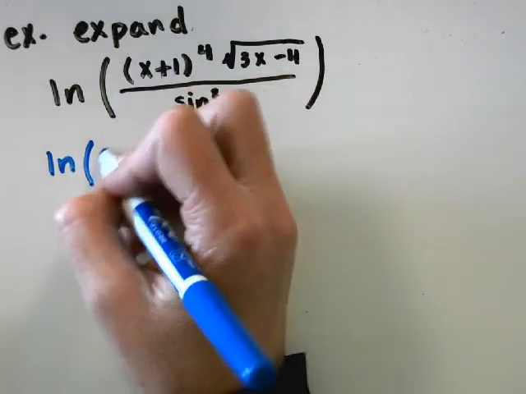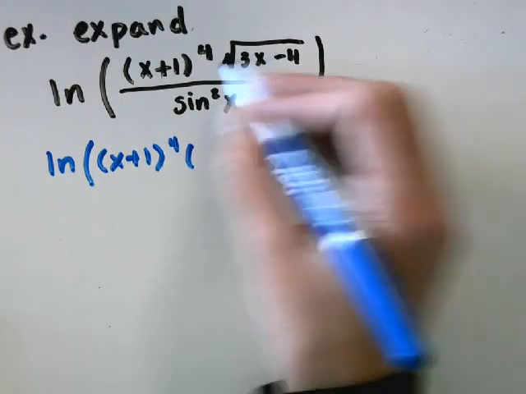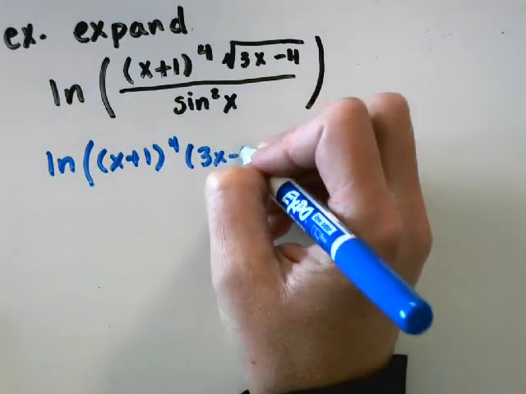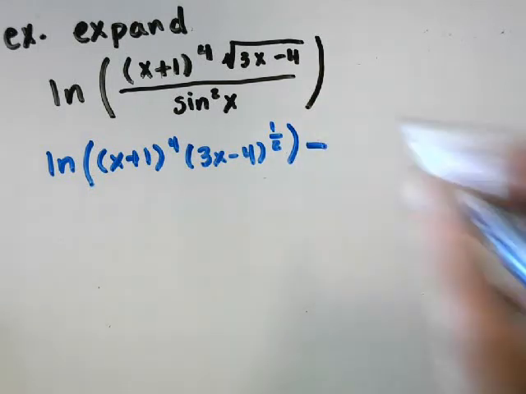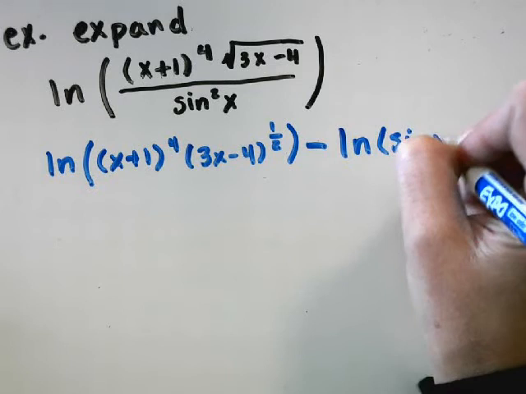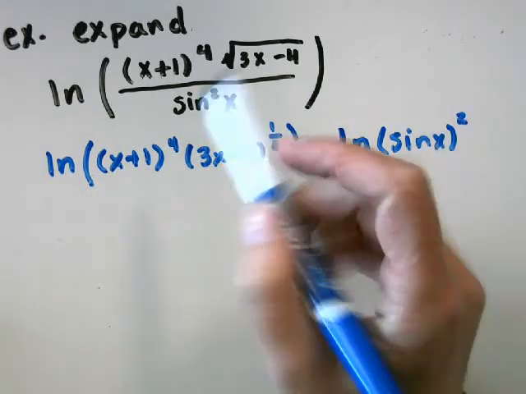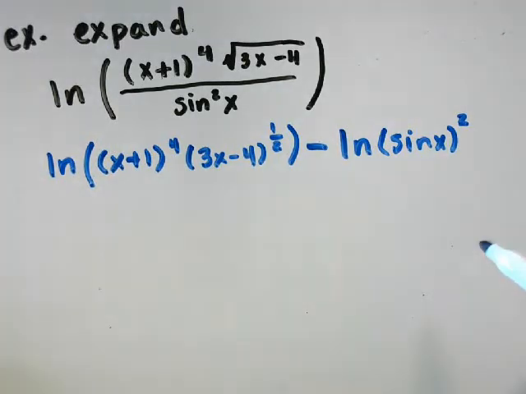So we have natural log of x plus 1 to the 4th, times 3x minus 4 to the 1/2, minus natural log of the bottom, which is sine of x squared. If you have sine and the squared on the inside, it's really sine of x squared.